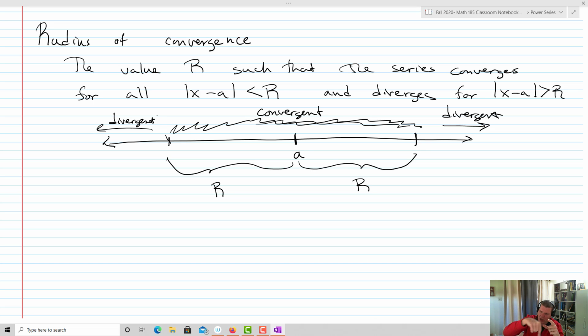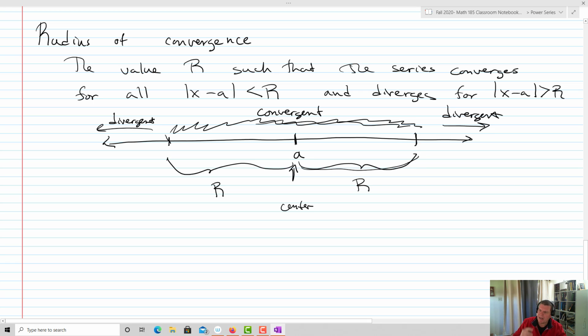The values just start to move within that radius. So we've got the center at a, and on either side of the center is what we call the interval of convergence. But this is our radius, and that's that distance right there.